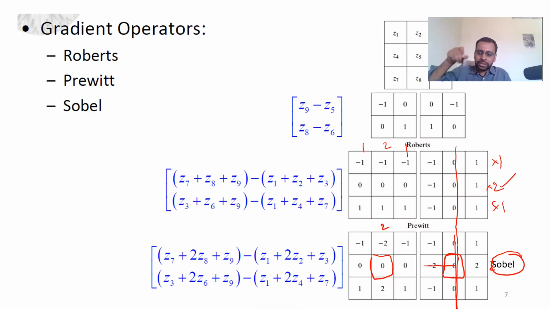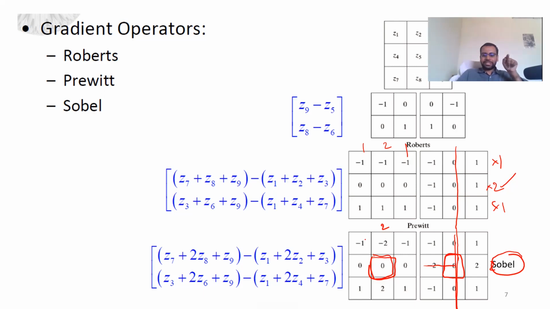It is more like your Gaussian averaging or weighted averaging, where you give more weight to the pixel that is of interest to you. So you keep the center at that pixel where you want to compute the magnitude of your horizontal edge, or the magnitude of your vertical edge if it is the other one.